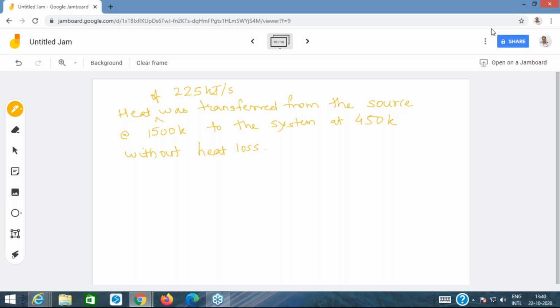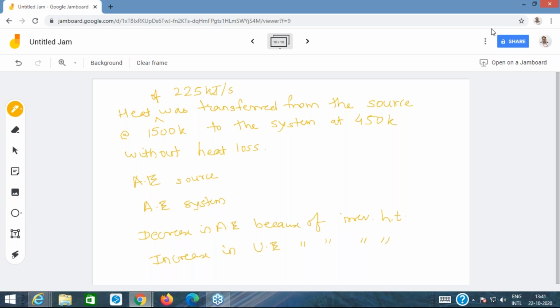what is the available energy of the source, the available energy of the system, what is the decrease in available energy because of irreversible heat transfer, and what is the increase in unavailable energy because of irreversible heat transfer.